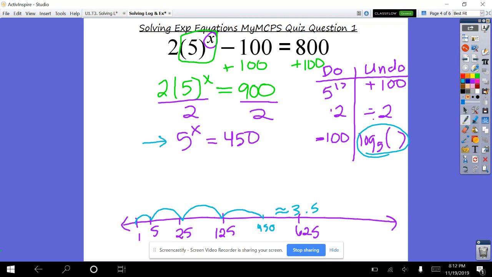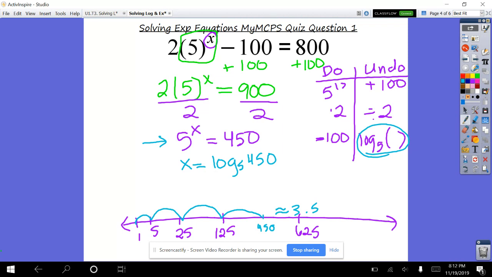This statement is saying, how many jumps does it take me to get from 1 to 450 on a number line that multiplies by 5? Well, that's the same as saying the number of jumps I need is log base 5 of 450. Log base 5 of 450 is asking the same thing: what power do you have to raise 5 to get to 450?